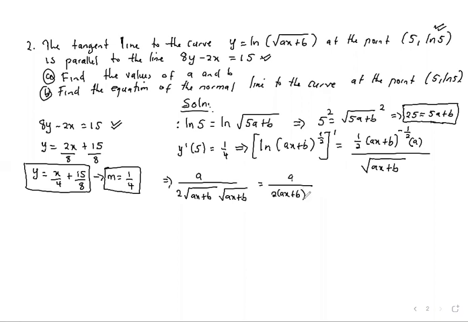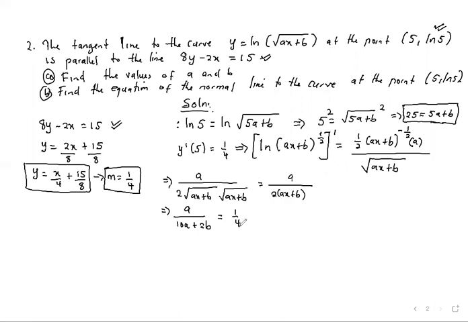So where there is x, when we take 5, we're going to have a situation like a over 10a plus 2b is equal to 1 over 4. When we substitute x in the derivative, it means that we are seeking to find the values a and b.